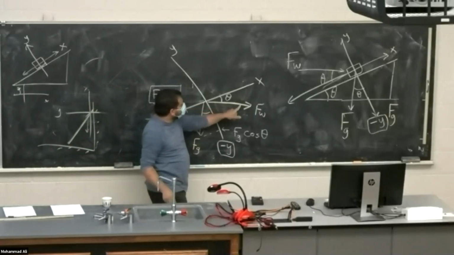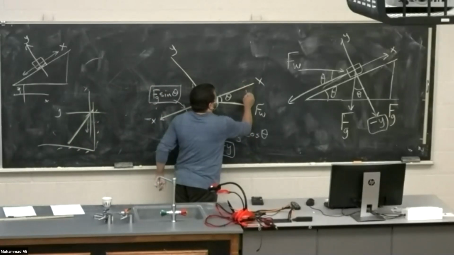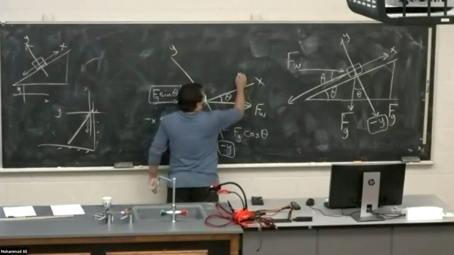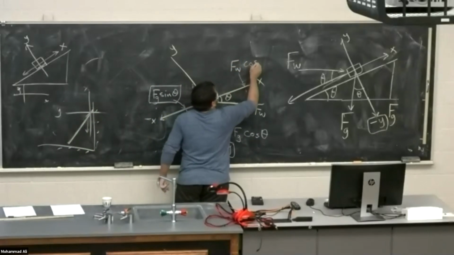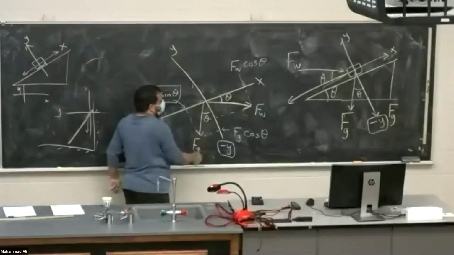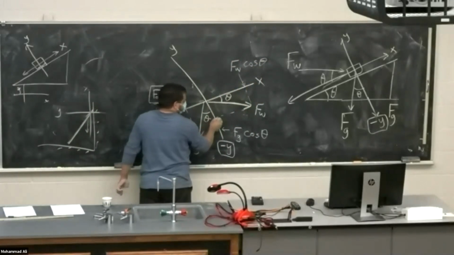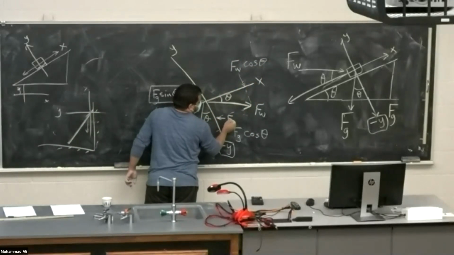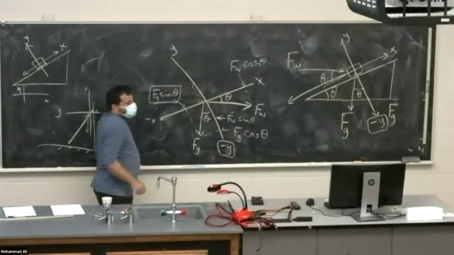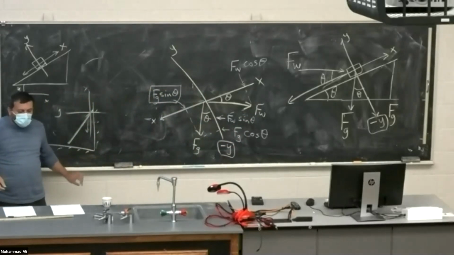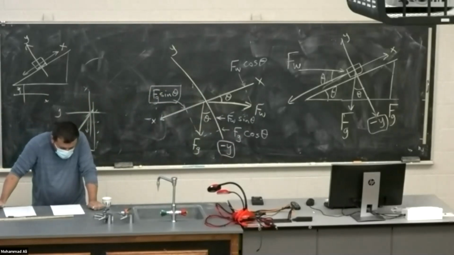What about here? Okay, I have here F wind cosine theta, because I have theta in this direction. And here F wind sine theta. It is just vectors, but these vectors are forces.